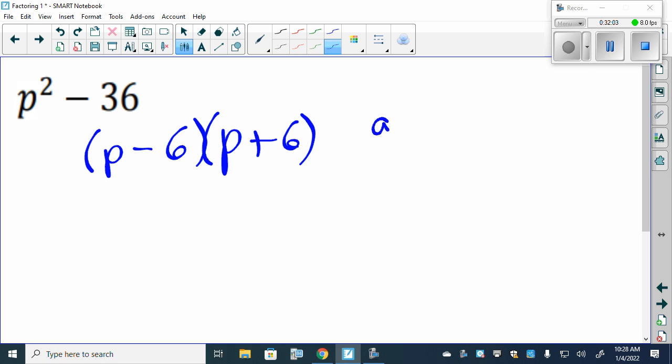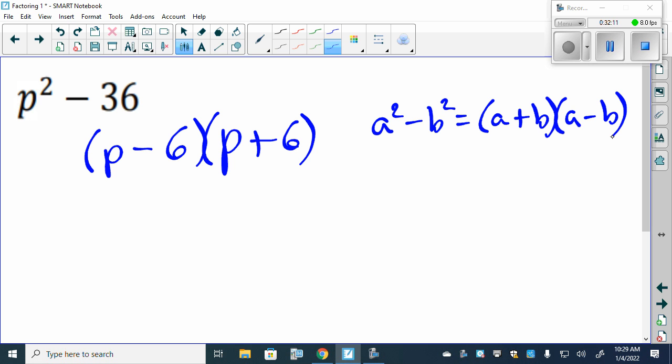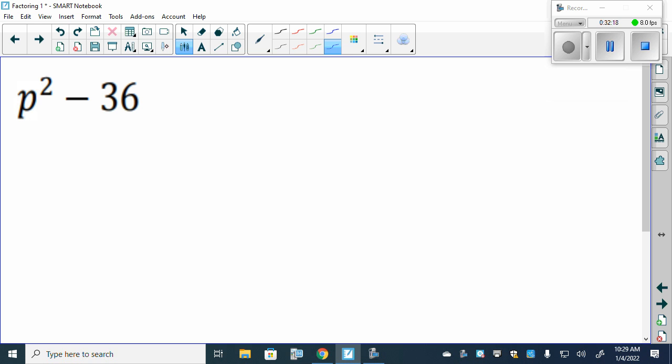Because this is going off the fact that a squared minus b squared is equal to a plus b times a minus b. Yeah, and that would work the exact same way, yes.